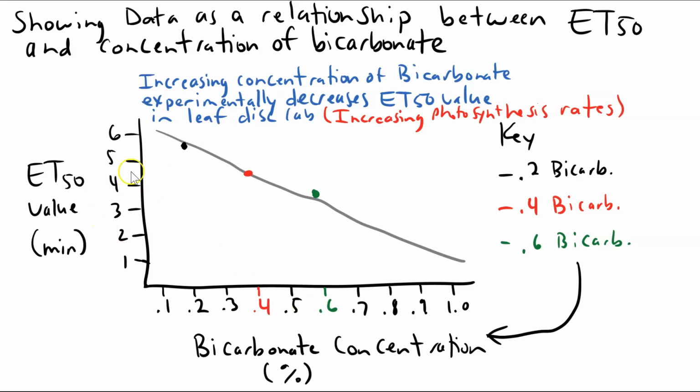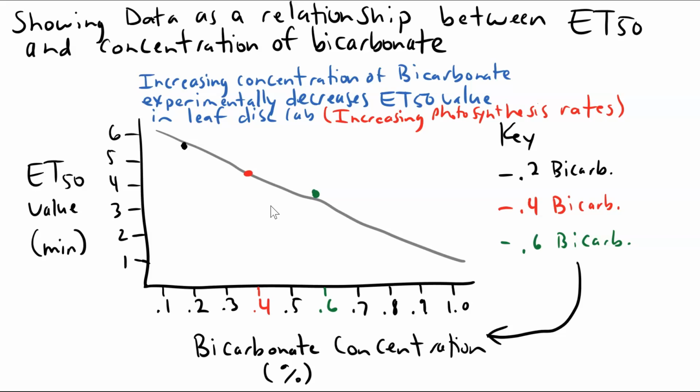So if we look at the ET values over here, you can see that for the control, it was 5.5. For 0.4, it was 4.5, and for 0.6, it was 3.5 minutes. So the ET50 there is essentially showing that inverse relationship between the ET values and the rates of photosynthesis.